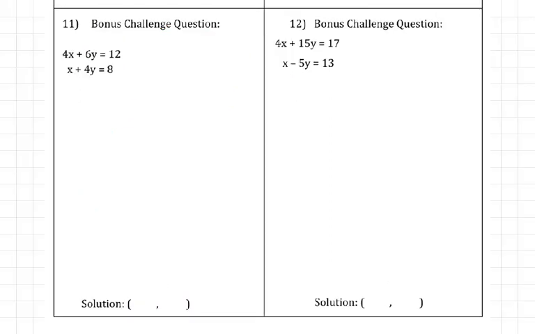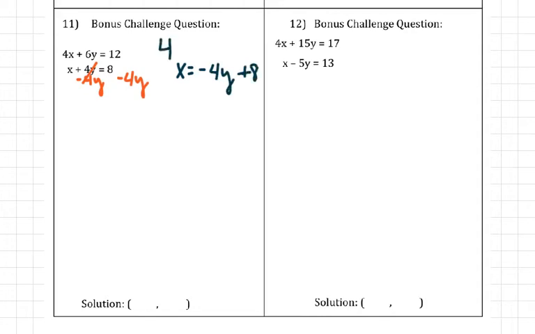Okay, number 11. In number 11, this time the x is a variable. That's going to be easy to get alone. We just need to move the 4y by subtracting 4y. So this equation becomes x equals negative 4y plus 8.